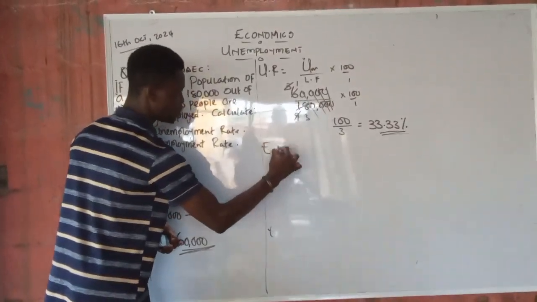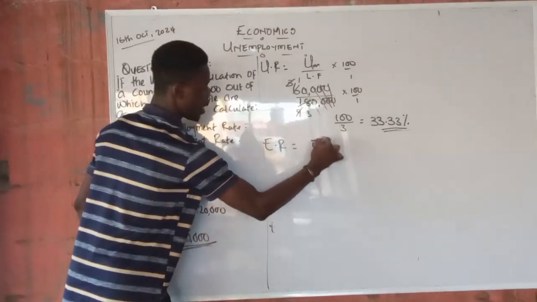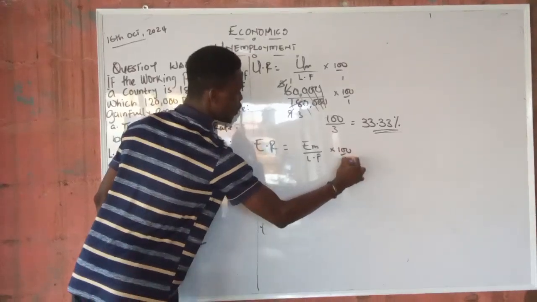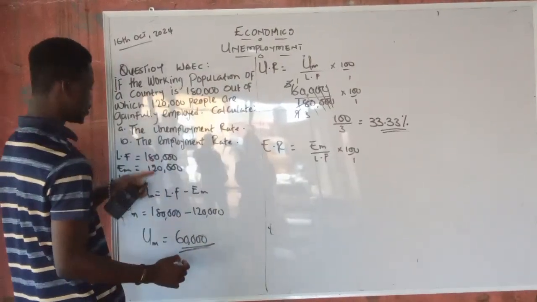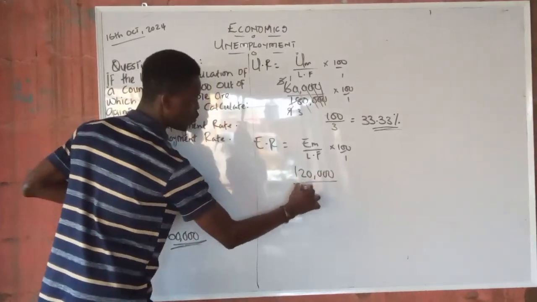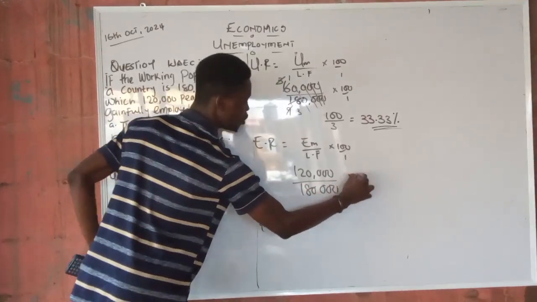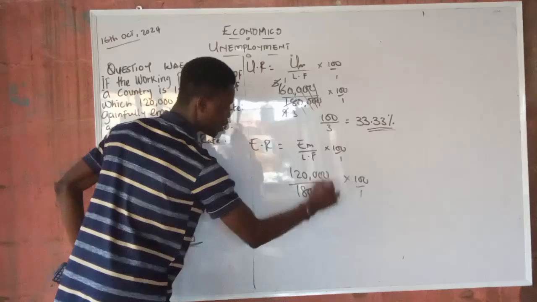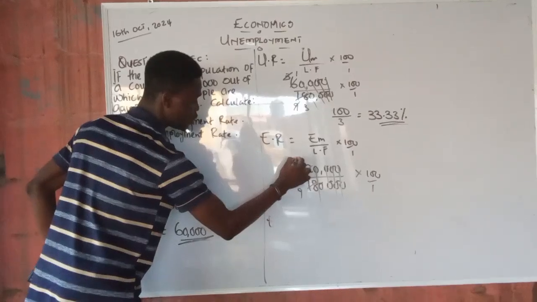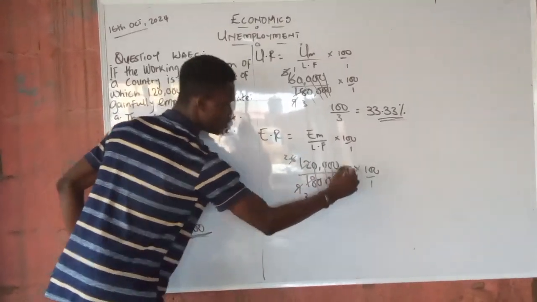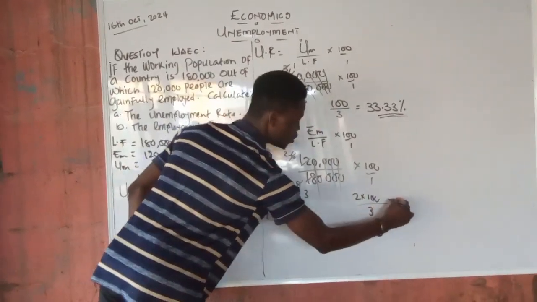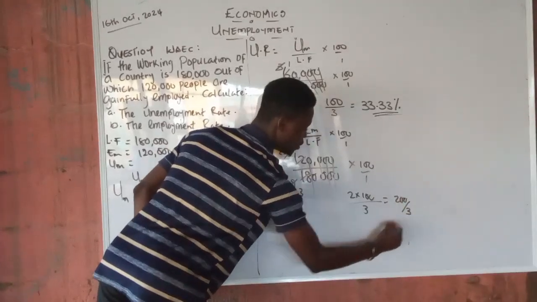Now, employment rate. We say employment over labor force times 100 over 1. So, employment is what? 120,000 over 180,000 times 100 over 1. You cancel, so you say 2 times 100 over 3. 200 over 3.